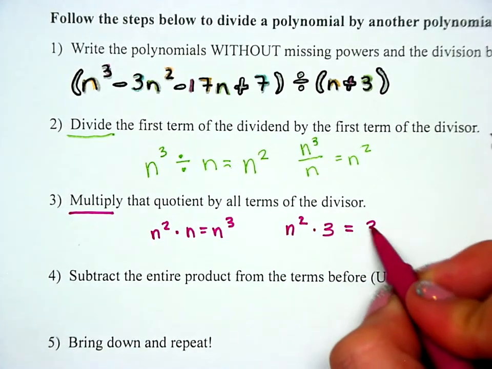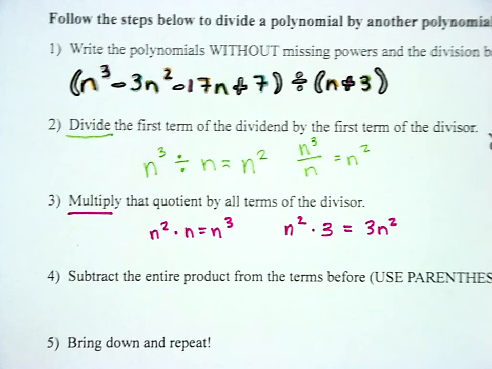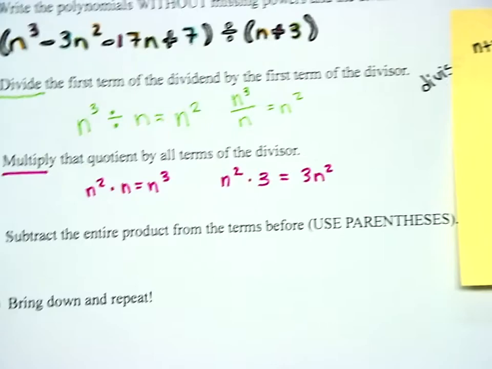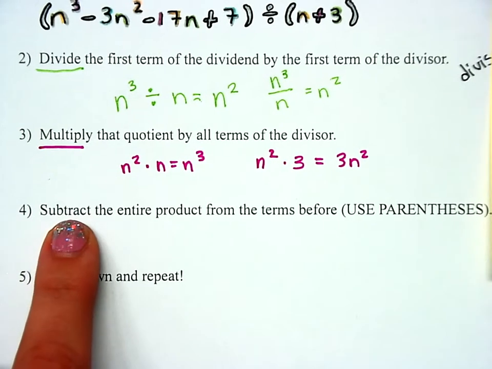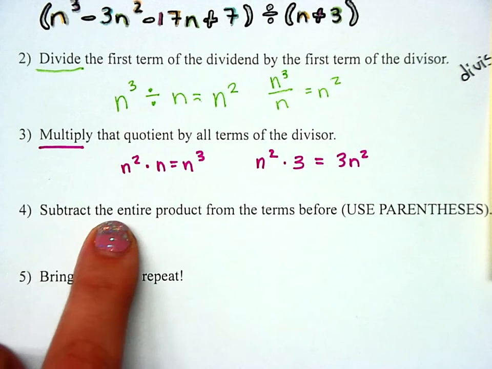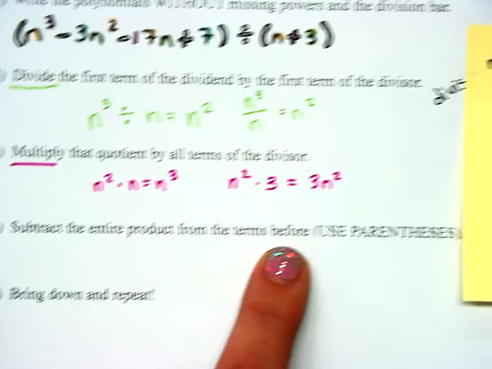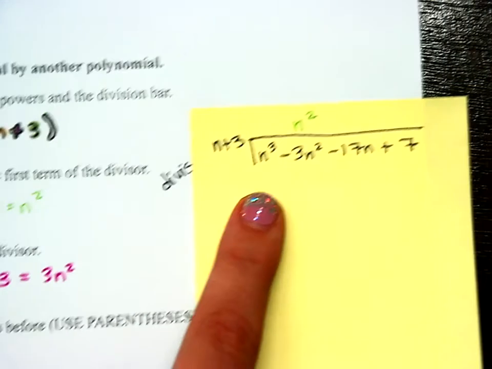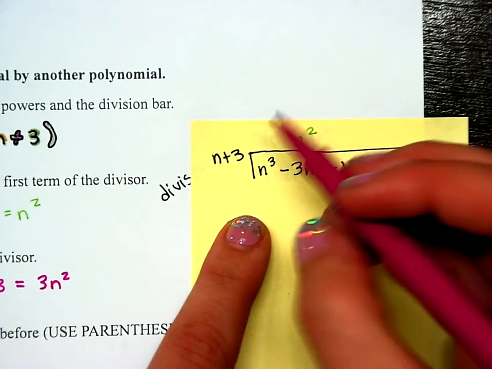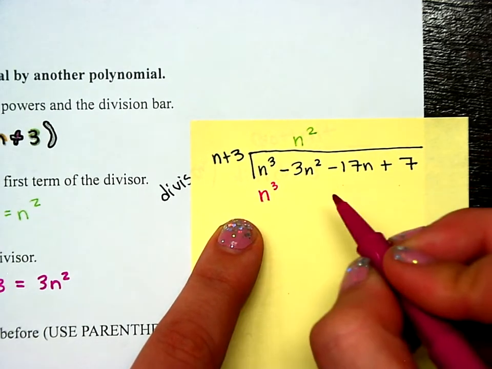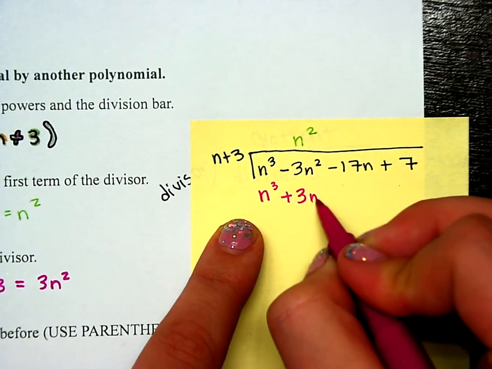And that gives me 3n squared. Okay. My next step is to subtract the entire product, so this and this, from the terms before. Okay, so I'm going to write what I got as my products. I got n to the third, and I got positive 3n squared.